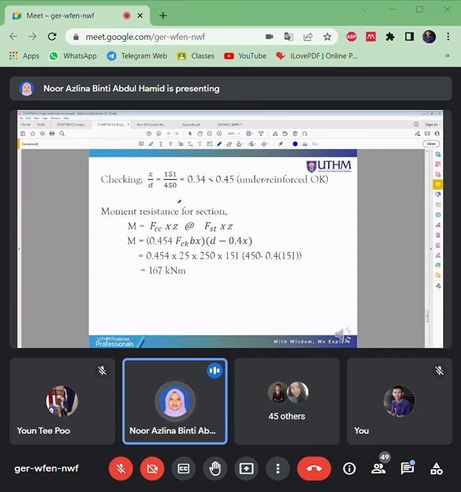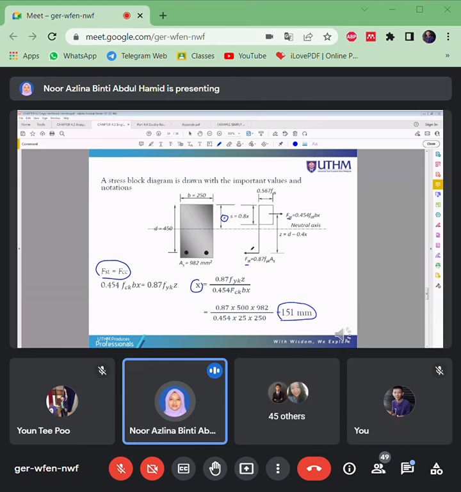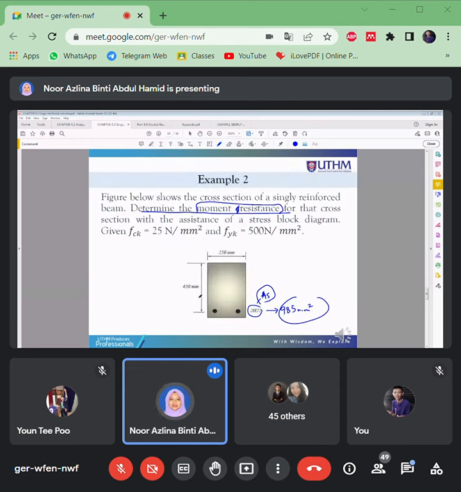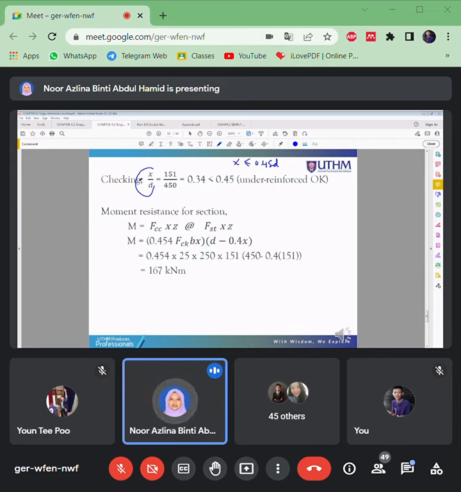Then you need to do the checking, right? To ensure that X should be less than or equal to 0.5d, to ensure that this beam section is designed as under reinforced. So we have balanced design, under reinforced, and also over reinforced. We want the design to be under reinforced, so that's why you need to do the checking.